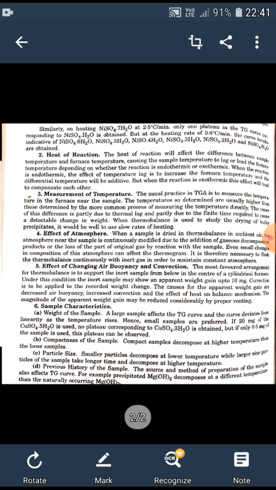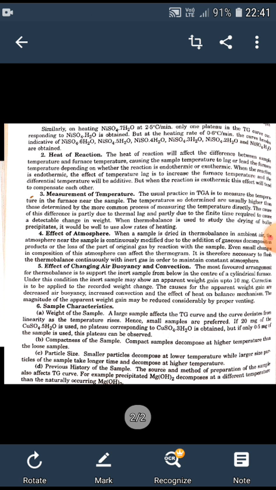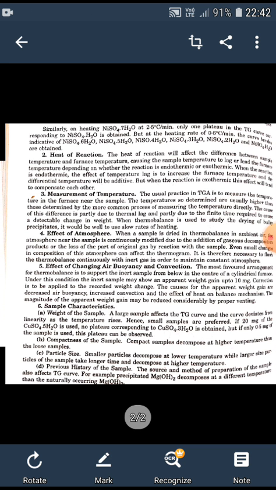The cause of this difference is partly due to the thermal lag and partly due to the finite time required to cause a detectable change in weight. When the thermobalance is used to study the drying of bulky precipitates, it is well to use slow rates of heating.